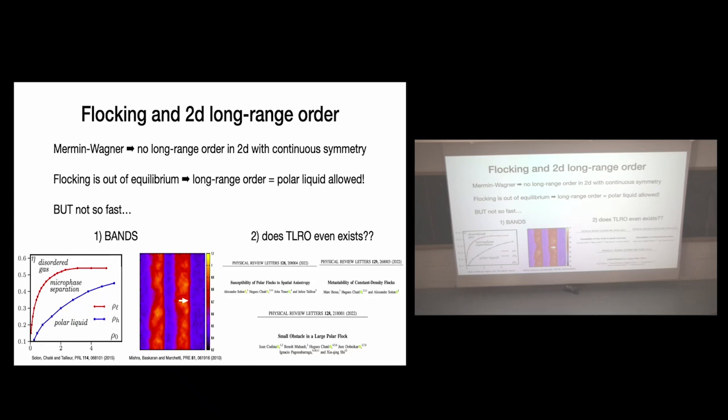And very recently, a question which is arising, and I don't want to go into this question, I want to tell you that there is this paper, this is an open question, is: does true long range order even exist?